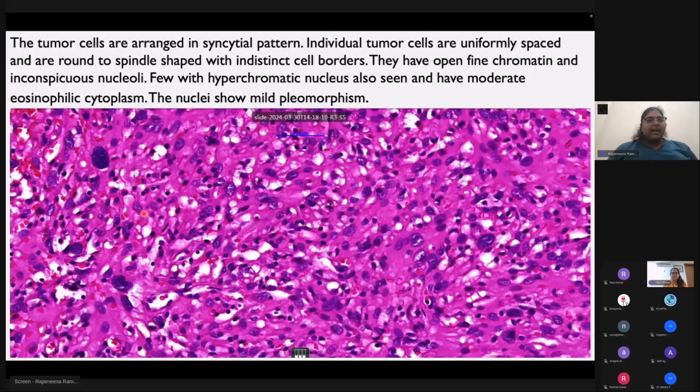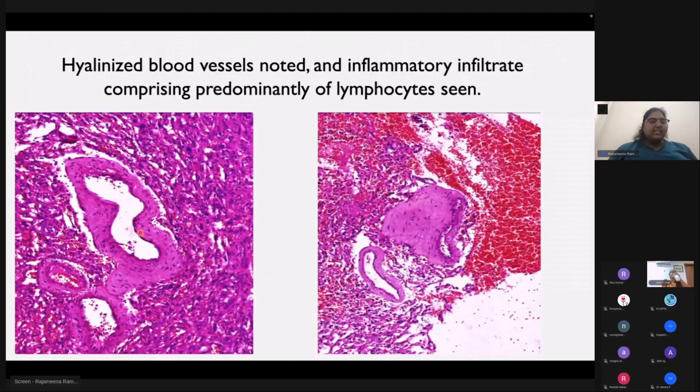They had open fine chromatin and inconspicuous nucleoli. Few were having a hypochromatic nucleus and moderate eosinophilic cytoplasm. So there was mild nuclear pleomorphism. In the background, we could see the hyalinized blood vessels and some inflammatory infiltrate, which was predominantly comprising of lymphocytes.